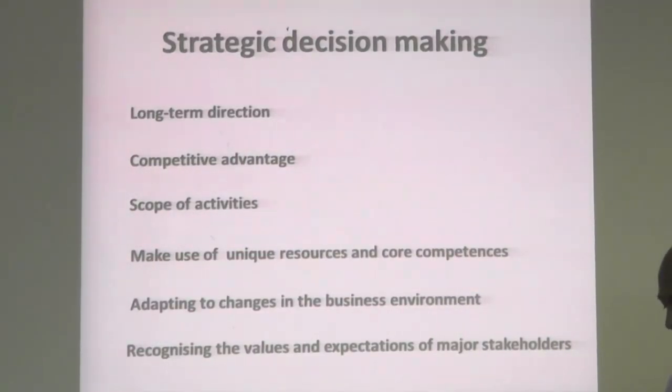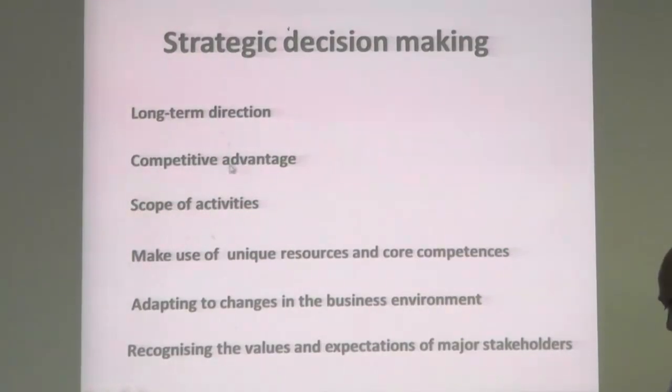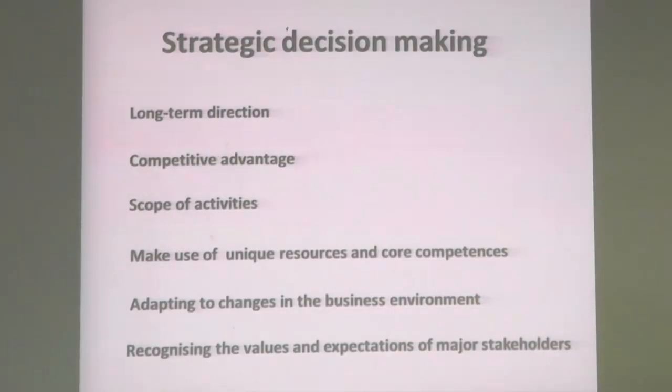And competitive advantages. In the competitive market, there are competitive advantages. When you take decisions, those decisions will be measured in the competitive market, and you will be gaining competitive advantages. That is where the good decisions should be made.